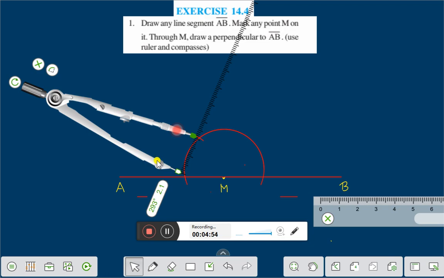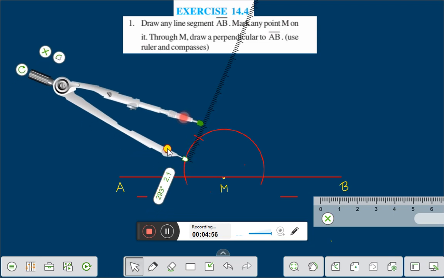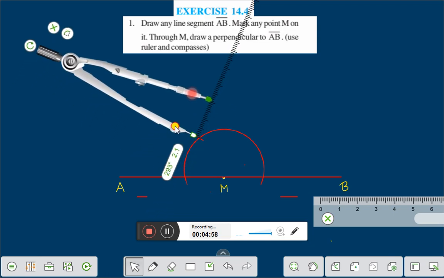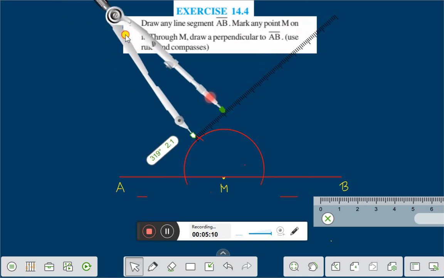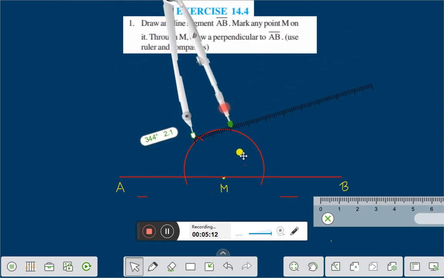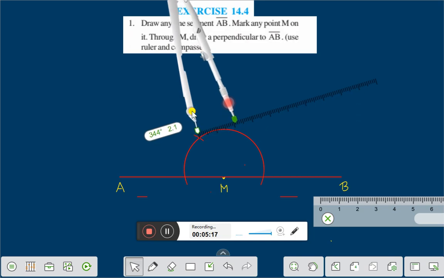right? Again, take this pointer here and make another arc. This will be on this point, and make another arc here.